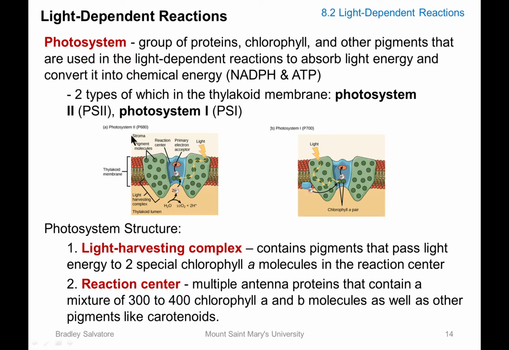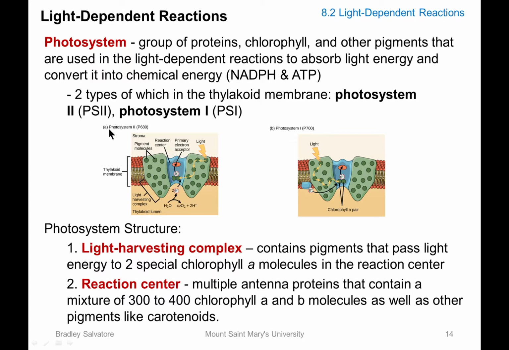They will be absorbed by these pigment molecules, and then they will transfer that energy to the reaction center, where there are special pairs of chlorophylls that are responsible for exciting an electron and passing it to the primary electron acceptor. That is the reaction center right here.